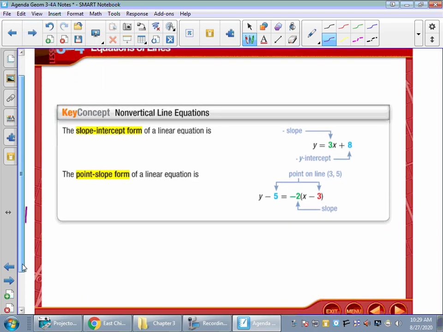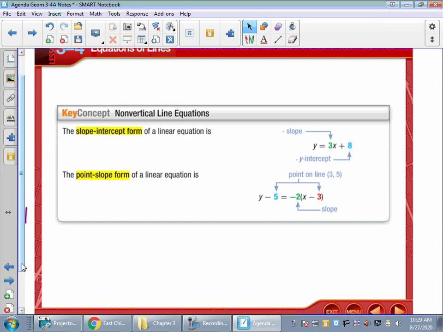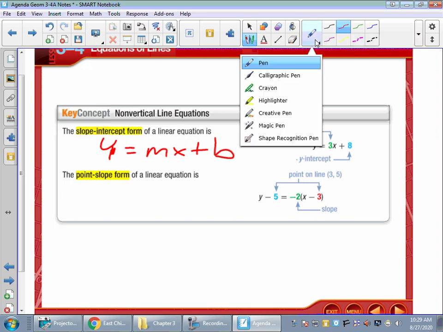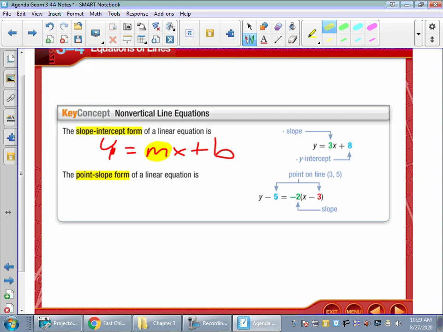The first one, slope-intercept form. All right, so that form of that equation is y equals mx plus b. Remember, that's one of the famous ones that we've known for a long time. And in that case, it's slope-intercept form because you need to have a slope, m, and a y-intercept, b, to be able to figure that one out, okay?